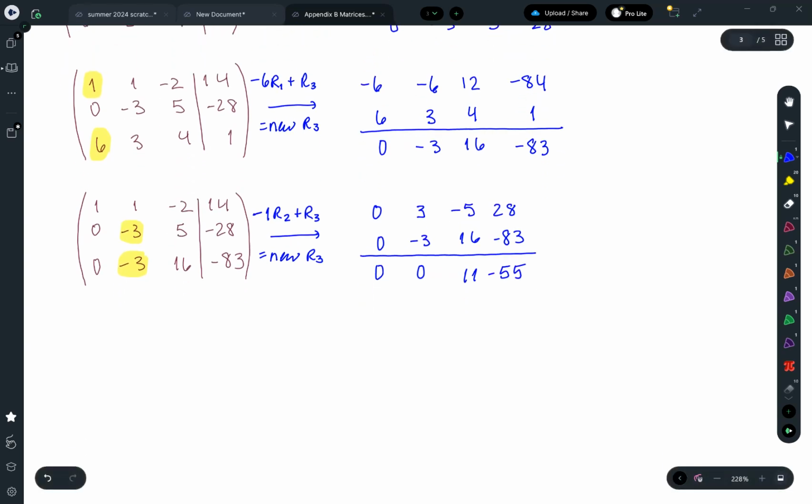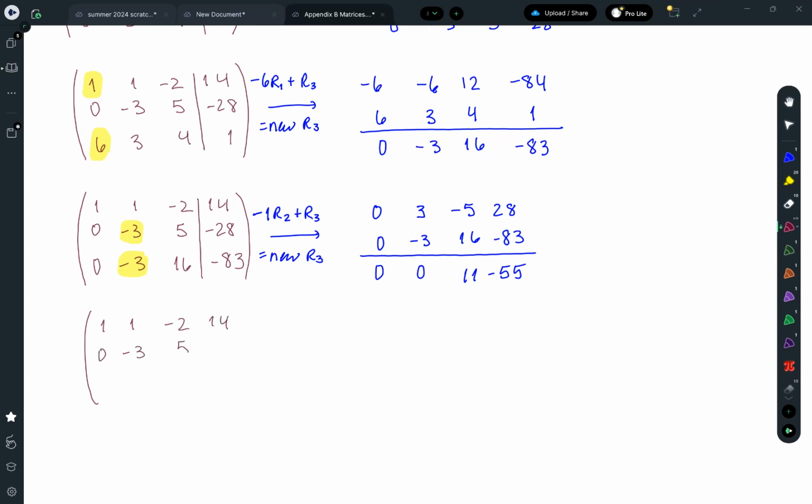Okay, so that is my new row 3. So I write out my matrix again. I have 1, 1, -2, 14, 0, -3, 5, -28. And my new row 3 is 0, 0, 11, -55.